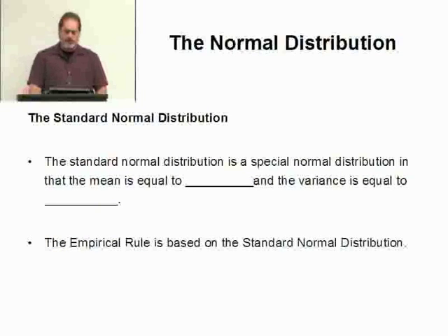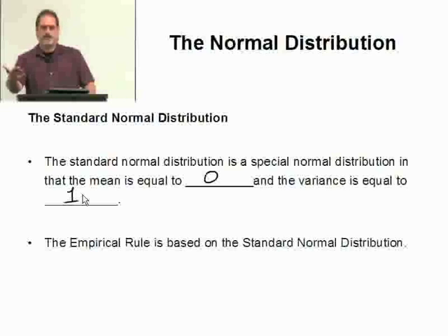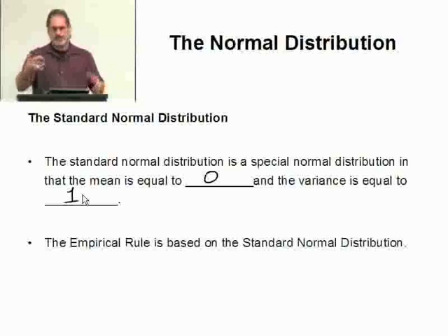Okay, the standard normal. The standard normal distribution is a special normal distribution in that the mean is equal to 0 and the variance is equal to 1. If the variance is 1, then the standard deviation is 1, correct? Because the standard deviation is just the square root of the variance. If it's a standard normal, both of these have to occur.